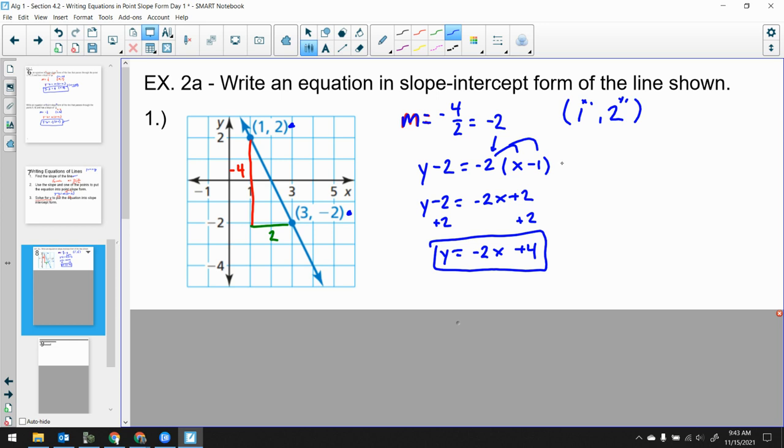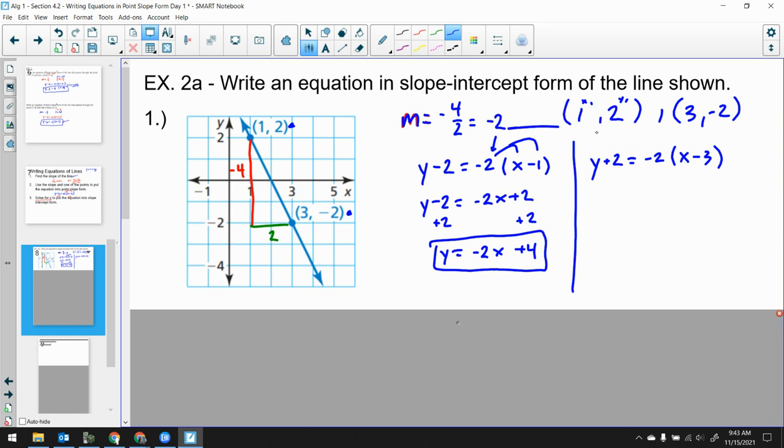You may be thinking to yourself, well, wait a sec. What if I had chosen to use 3, negative 2? What if I had instead picked 3, negative 2? Are you sure it actually comes out to be the same thing? Let's double check. Okay, this would have been y minus a negative 2, so y plus 2 is equal to negative 2, our slope, times x minus 3, right?